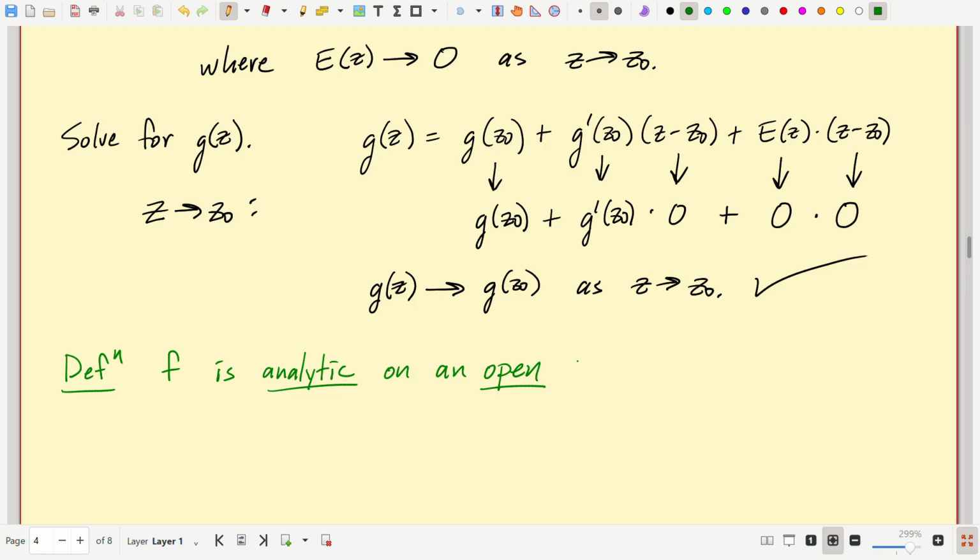Analytic only makes sense on an open set, if it is complex differentiable at every point in the set.